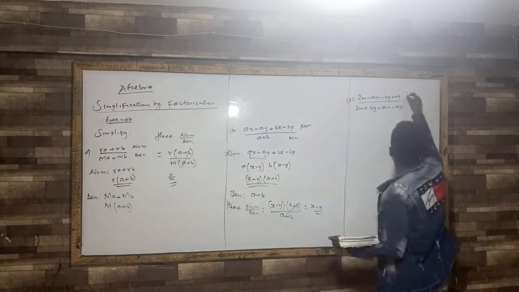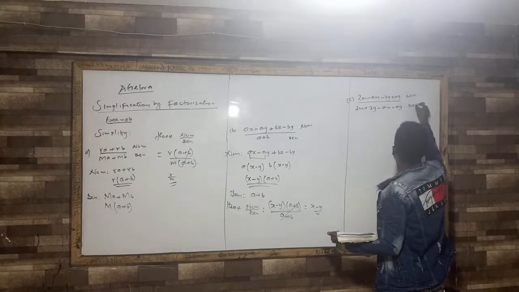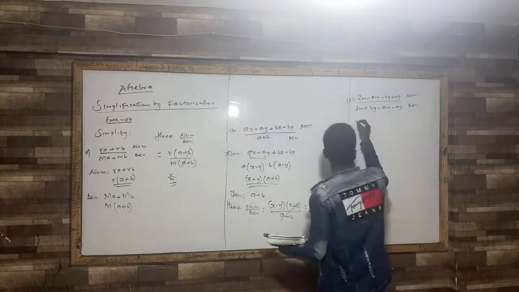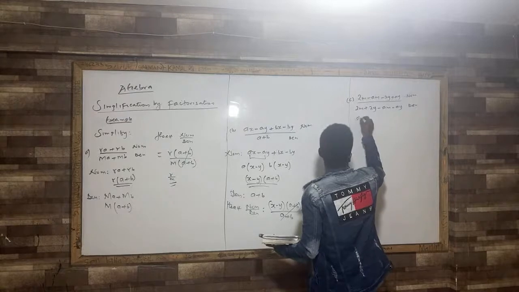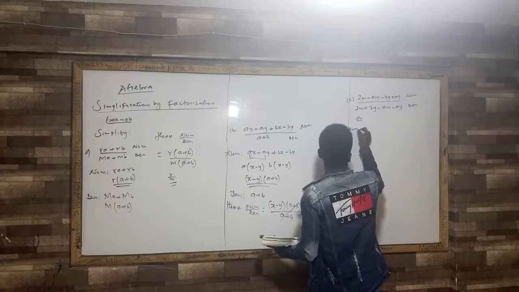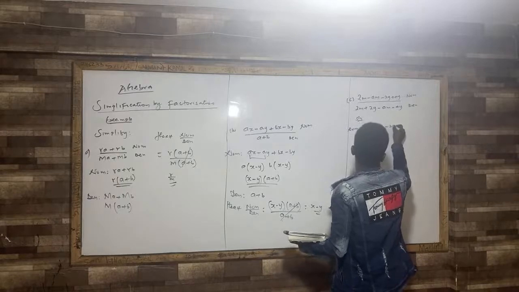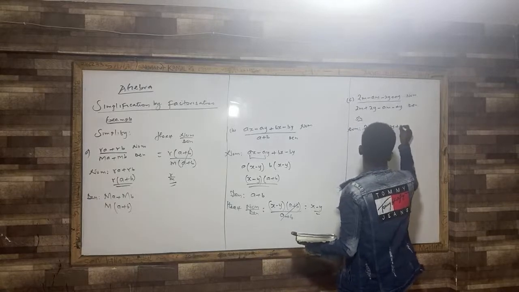Now we know that this is num and this is then. Num means what? Numerator. Now num, come here. Solution. I'll say num. My num is 2m minus am minus 2y plus ay.